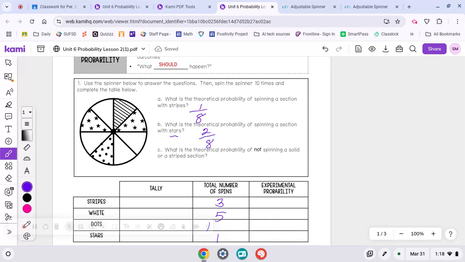And we want the not spinning a solid or a striped section. Well, solid, I'm assuming, is going to be those 4 places, and a stripe is 1. So that's 1, 2, 3, 4, 5 that do have that out of the 8, so it would be 3 eighths for the not.